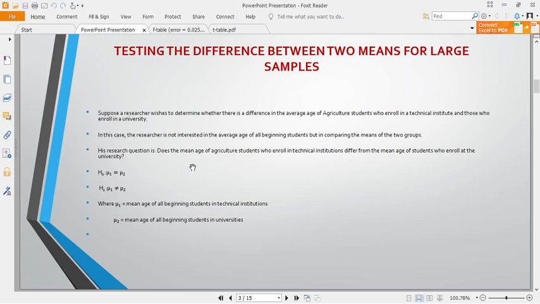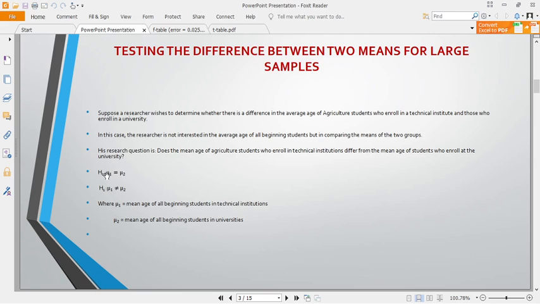So the research question in that case is whether the mean age of agriculture students who enroll in a technical institute differs from the mean age of agriculture students who enroll at the university. Therefore, our H0 or null hypothesis will be that there is no difference in the means.